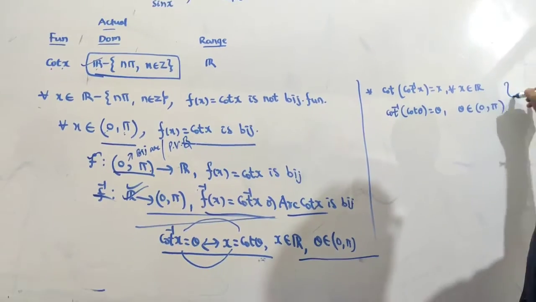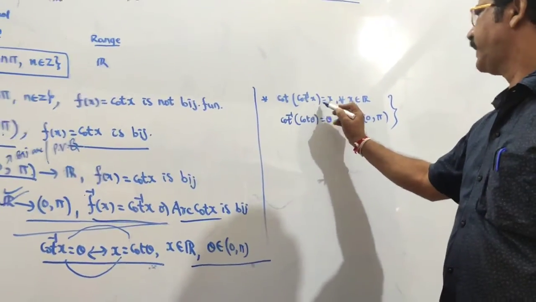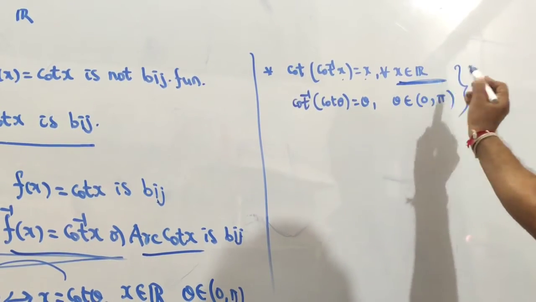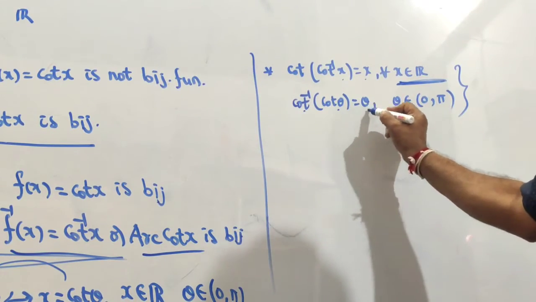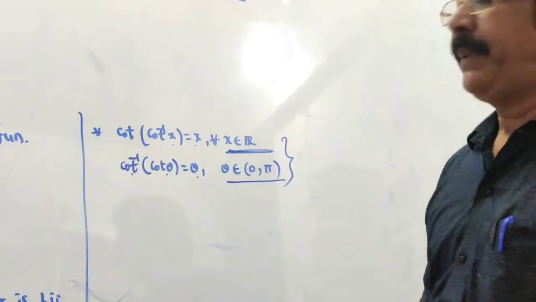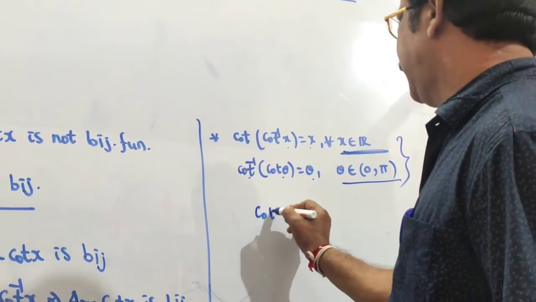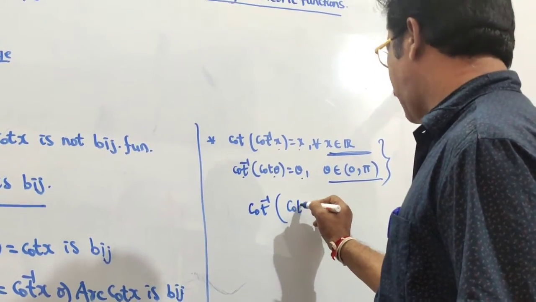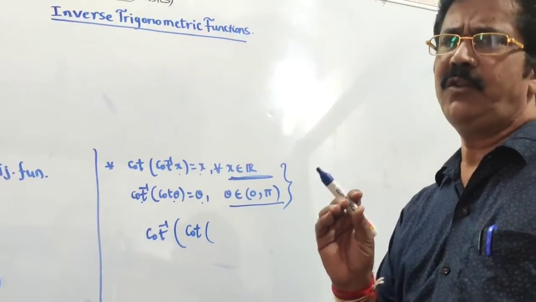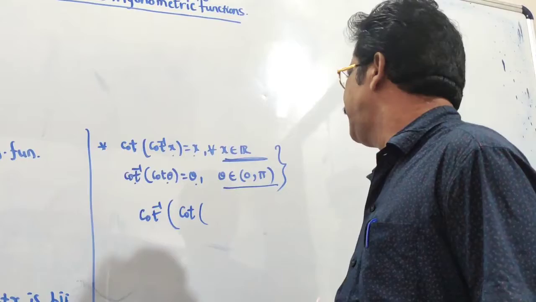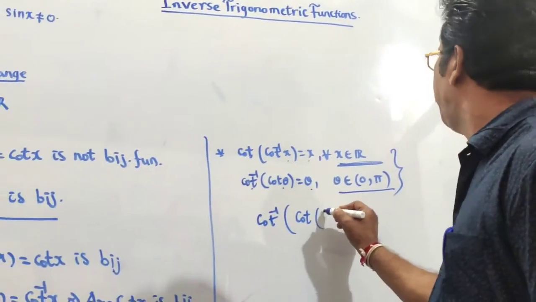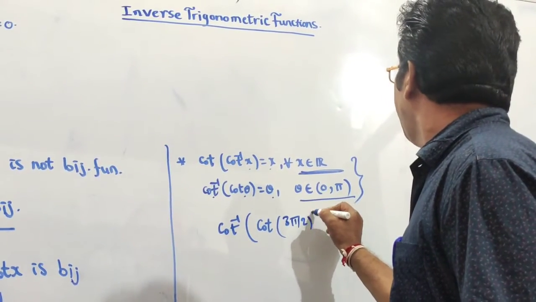Routine formulae: cot of cot inverse of x equal to x for all x belongs to capital R. No restriction, we can take any real number. Next, cot inverse of cot theta equal to theta, but theta must be in the open interval of 0 to pi. For example, a failure case: cot inverse of cot of 3 pi by 2, a value beyond the interval.